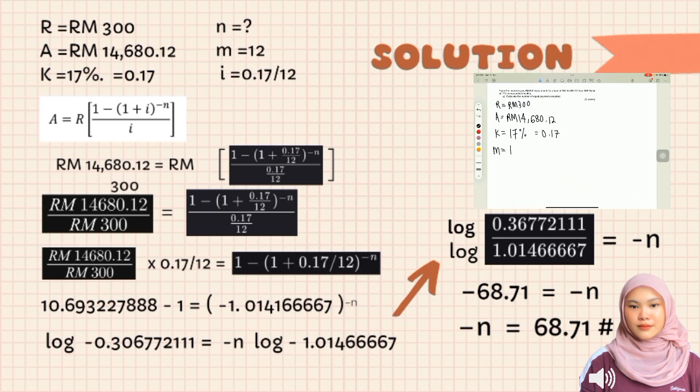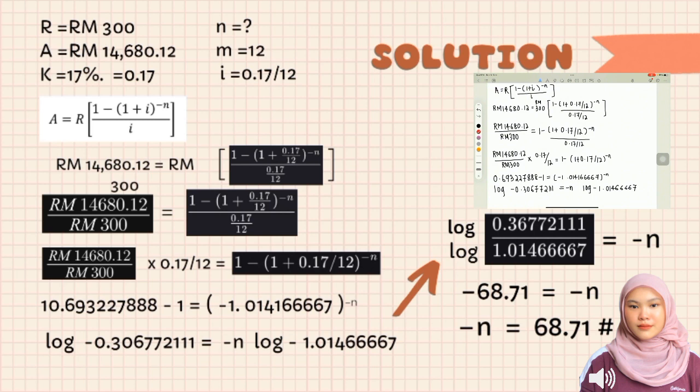M is 12 because it is compounded monthly. I is 0.17 over 12, and N, there is no information for N. So basically, in this question we need to find N. Like I said before, for this question we will use this formula.